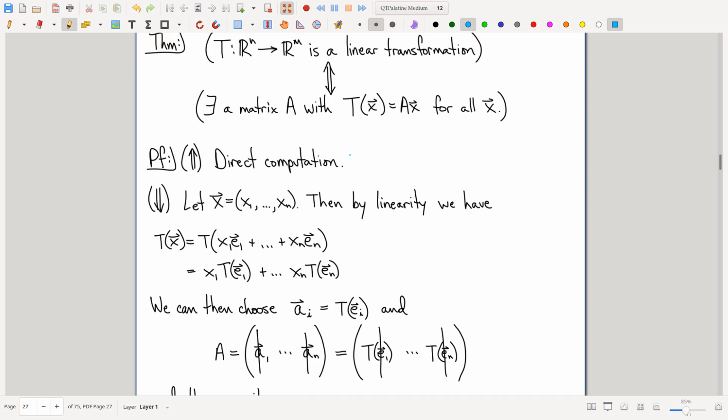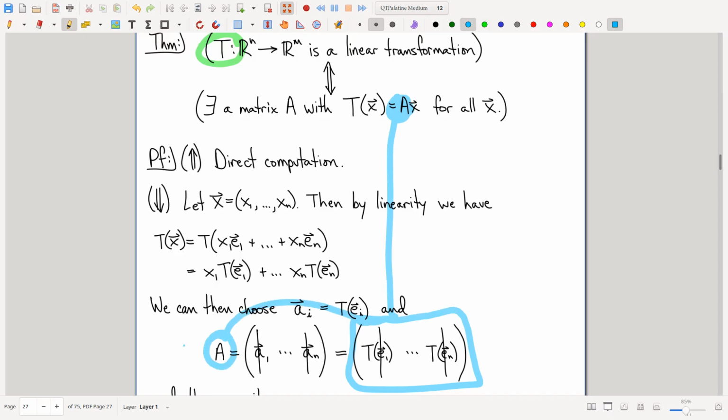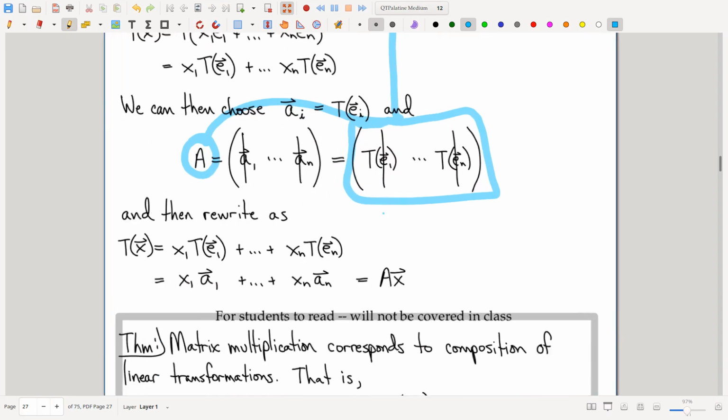But also, given the linear transformation, the way you find that matrix is by this formula right there. There's an explicit formula for what that magic matrix is that describes your given linear transformation. And what that formula is, well, golly, that's going to be important.